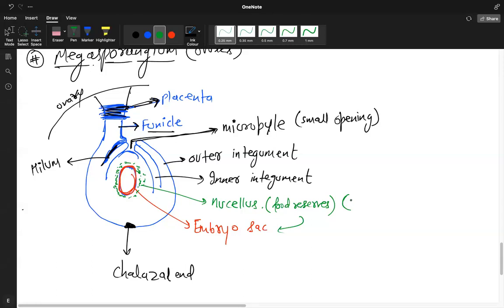Its cytoplasm is not as dense as tapetum. So nucellus is not multinucleated. It is uninucleated and has a ploidy of 2n, unlike tapetum.